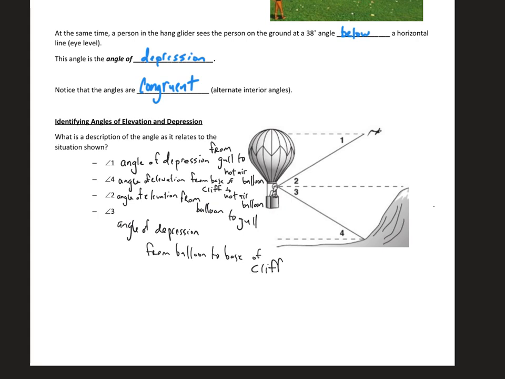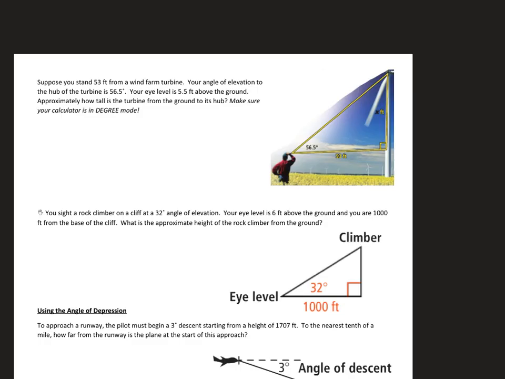That's just how we're going to get used to writing in terms of identifying the angle of elevation and the angle of depression. Example number 2, suppose you stand 53 feet from a wind turbine.